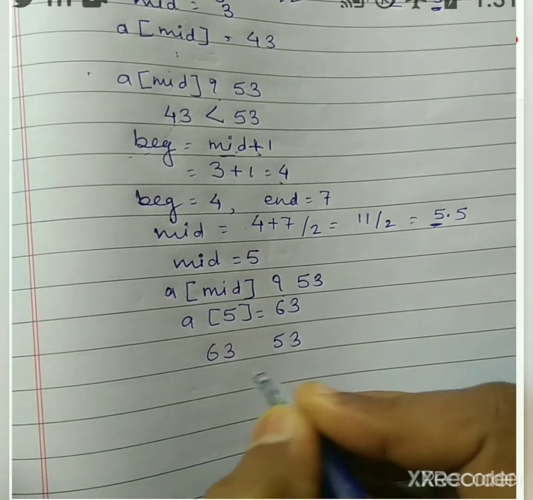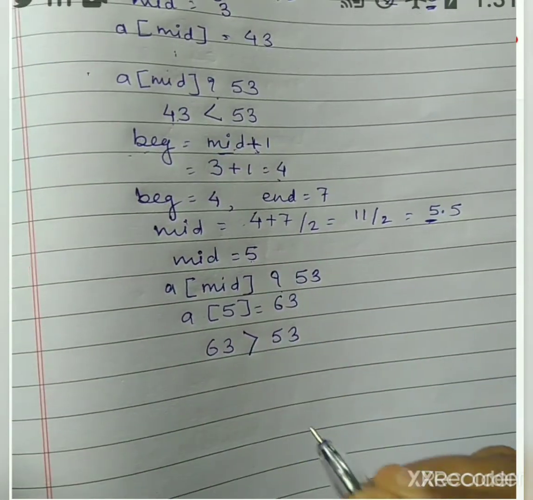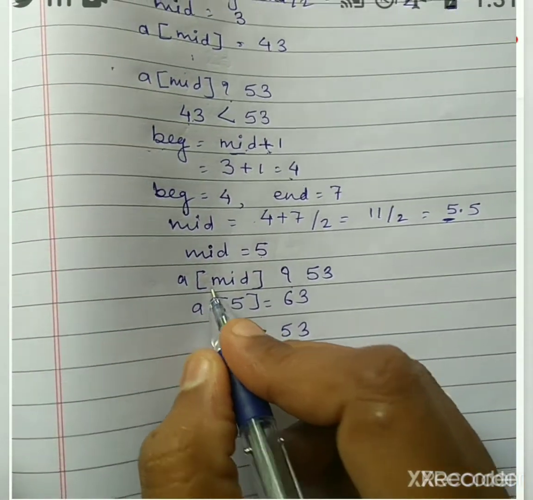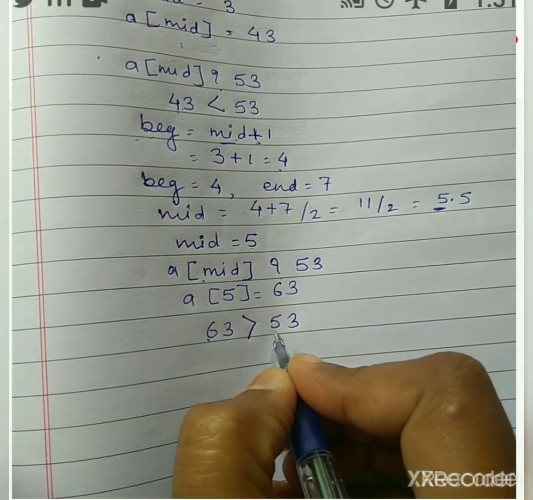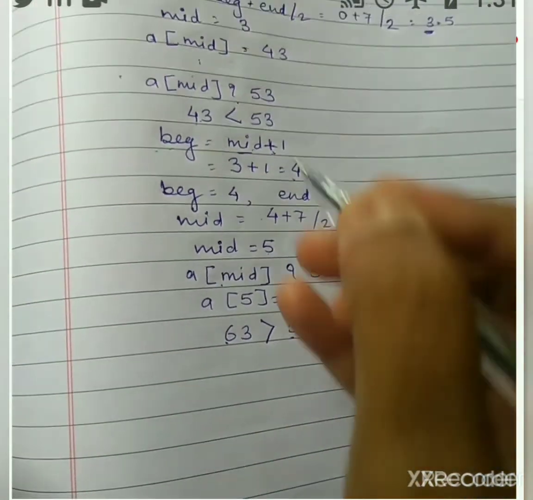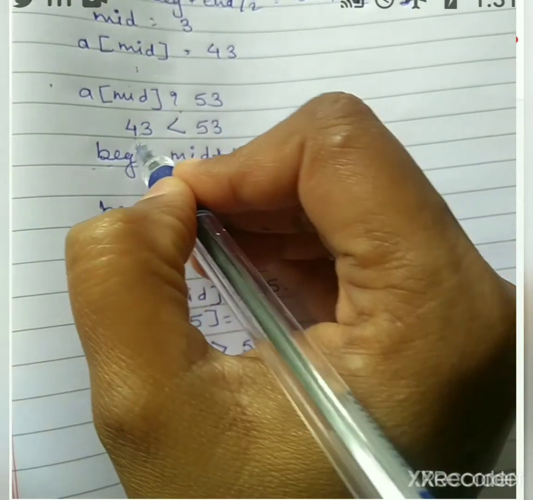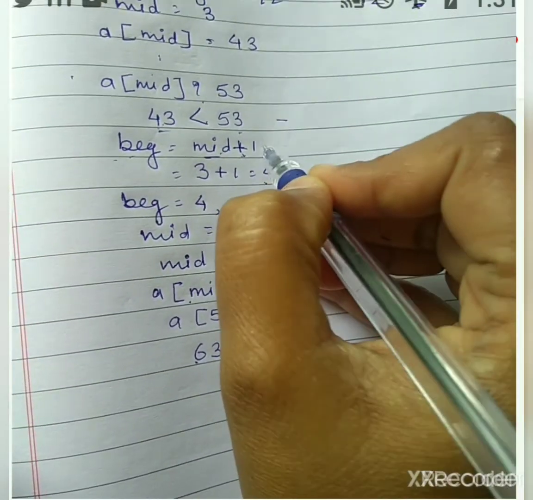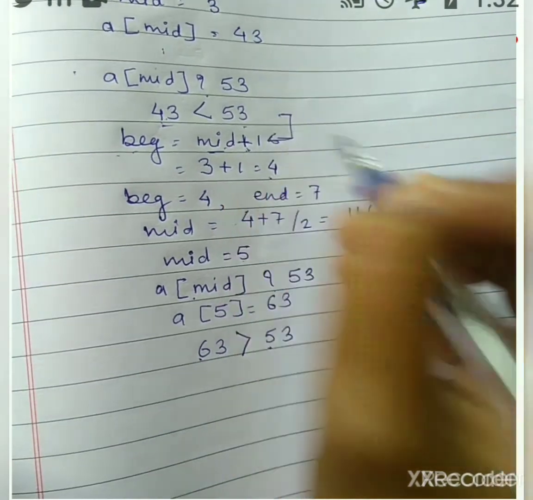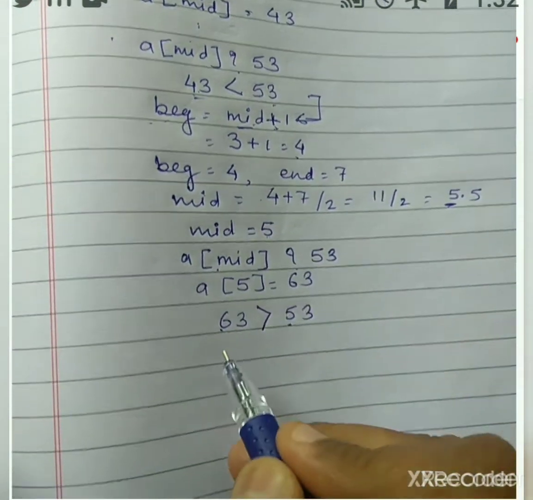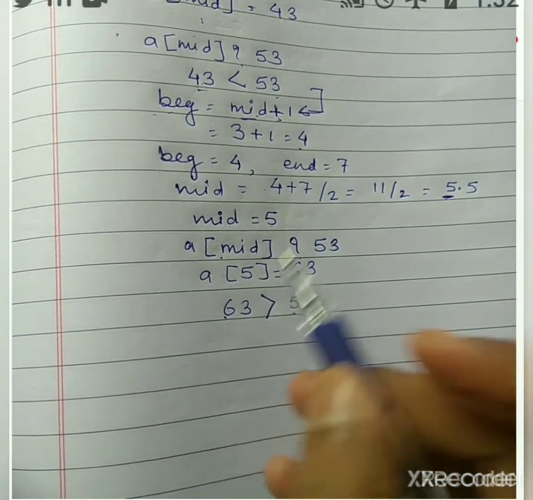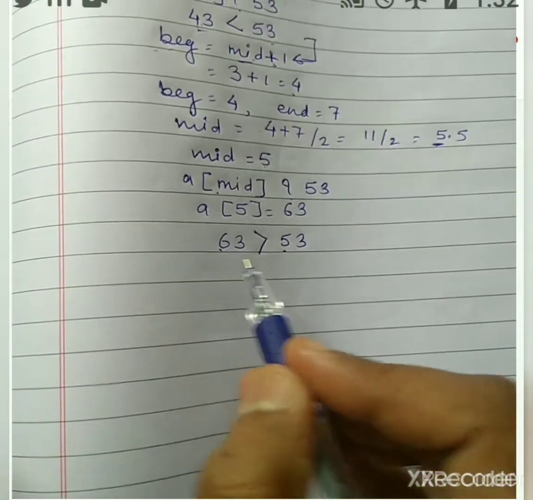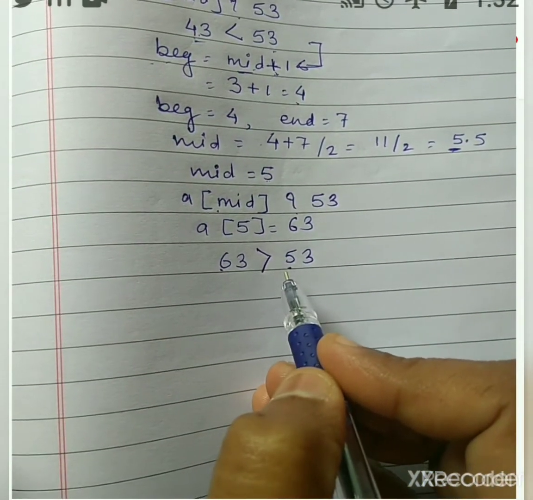Earlier the middle element was 43, which was less, and we changed the beginning. This is the reverse situation: 63, the middle element, is greater than the element to be searched, so we have to change the end point.